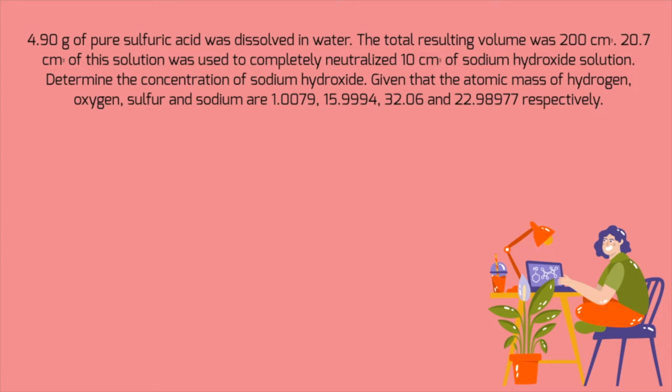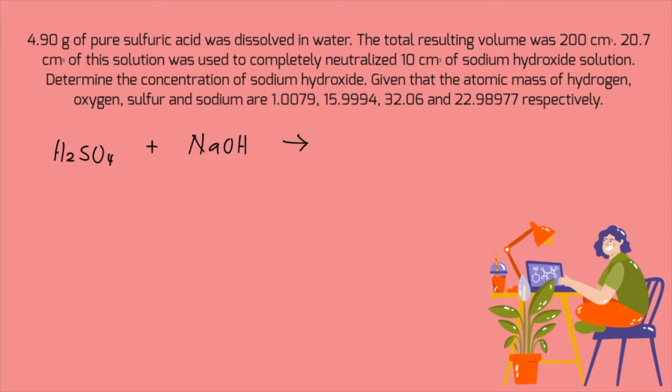So what's next? So the next thing that you need to do is you need to be able to write the balanced equation for this particular reaction. So in this reaction, sulfuric acid H2SO4 is being reacted with sodium hydroxide. So you need to predict what is the product.